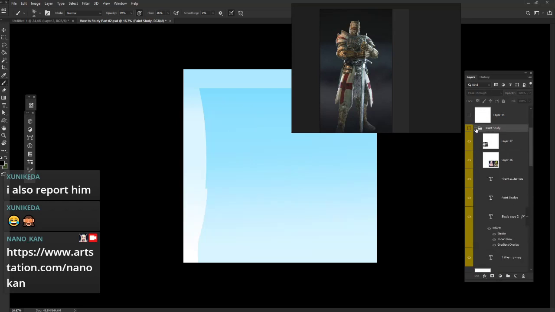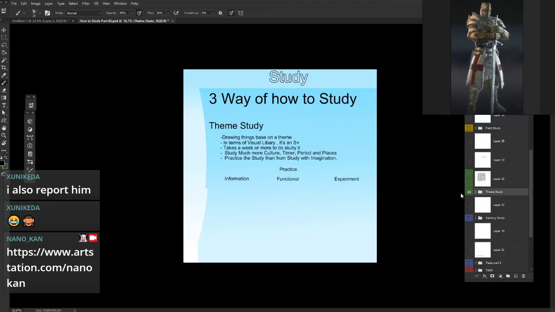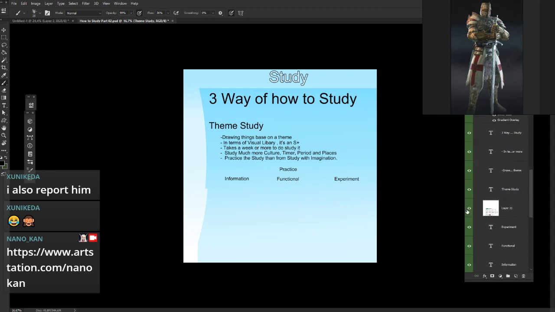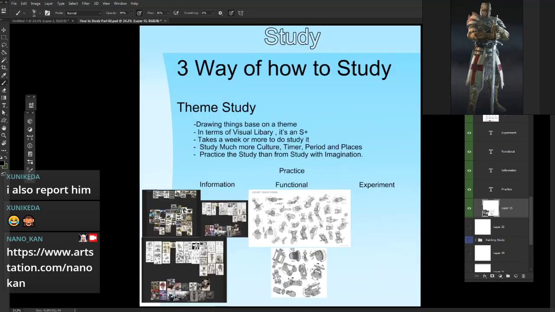By theme study, you take a theme. It could be anything. It could be sci-fi. It could be environment design. It doesn't matter as long as it has a theme in it. And based on the theme, study the information, study the functional part, and then experiment with this based on the theme you choose.